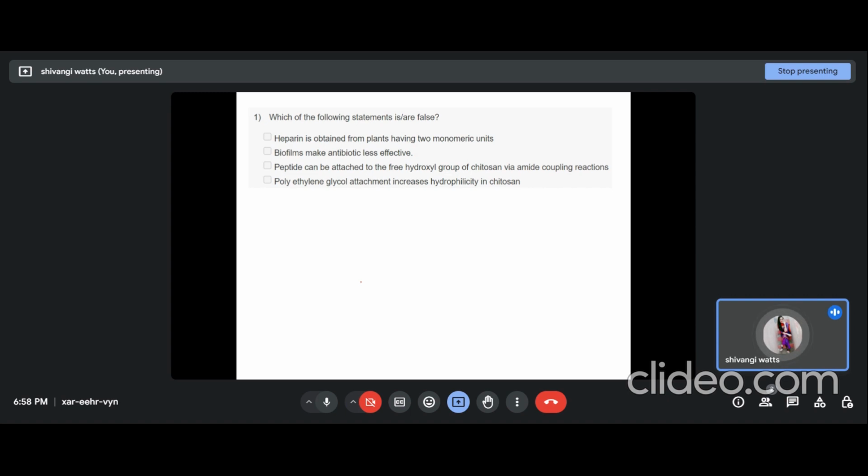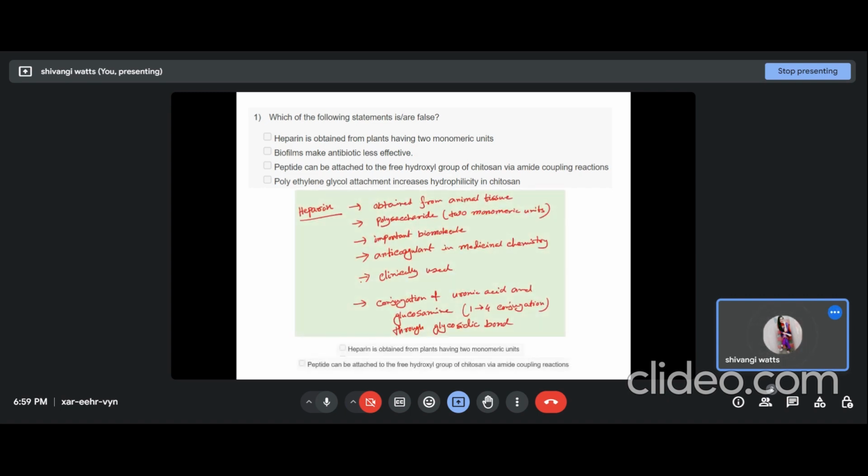So the right options is, so it is like heparin is obtained from plants and having, this is heparin obtained from animal tissue, and this is having two monomeric units, that this is polysaccharide.